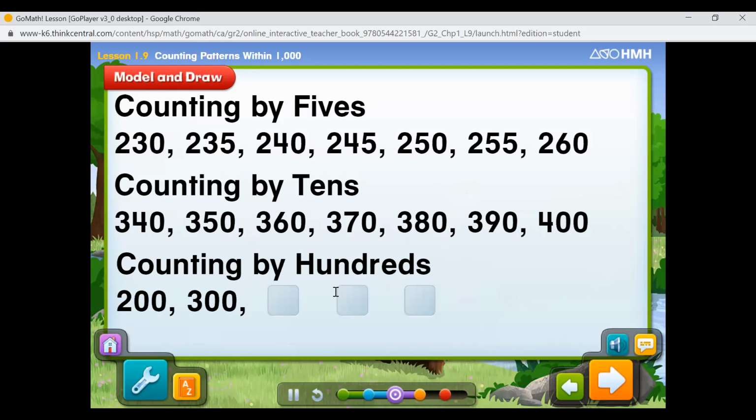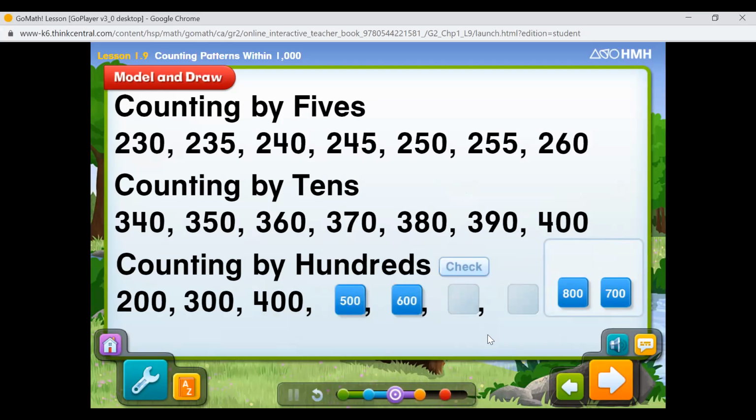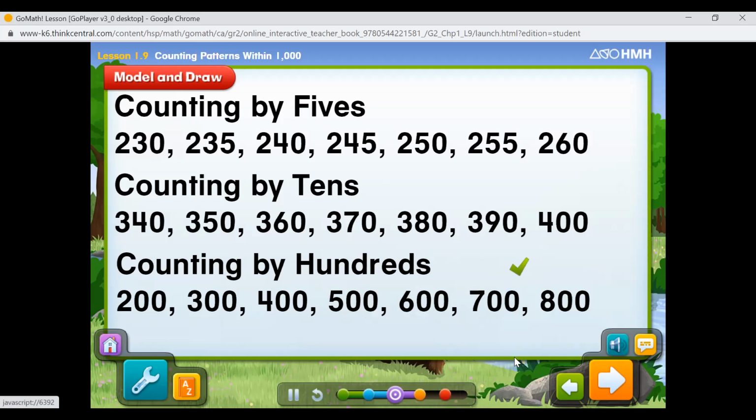Think about counting by hundreds. What digits will change as you count? As you say each number, it is 100 more than the number before it. Drag the numbers to the blanks to continue counting by hundreds. Then click Check. Great job!